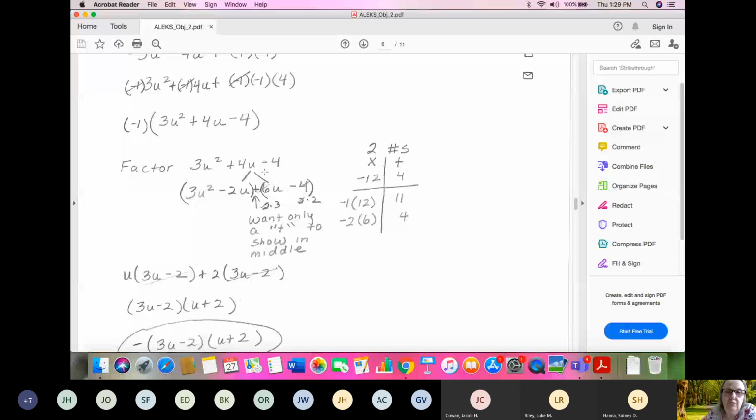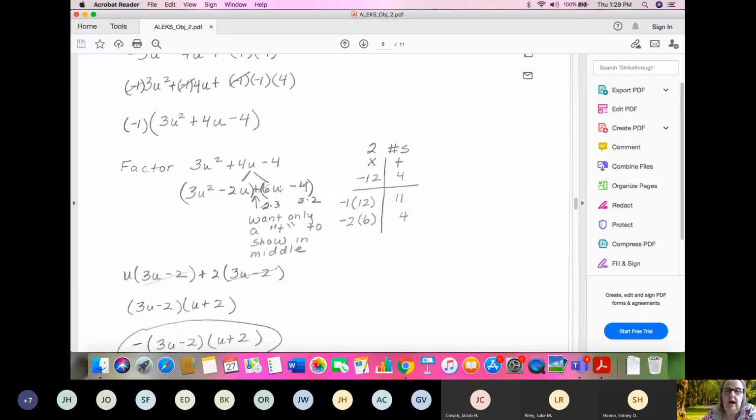We're going to use those -2 and 6 to split this middle term. I split it into -2 of what?